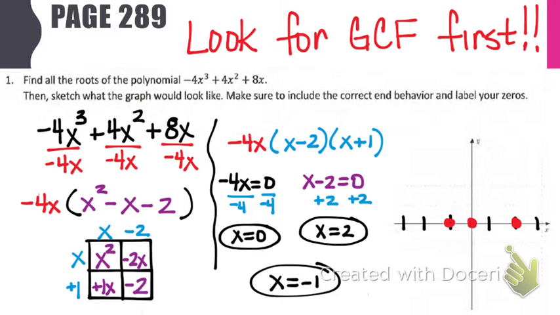All three have an exponent of 1. So see how this x has an exponent of 1, this one has an exponent of 1, and so they all have an exponent of 1. So it's going to go through the x-axis at all 3 x-intercepts.